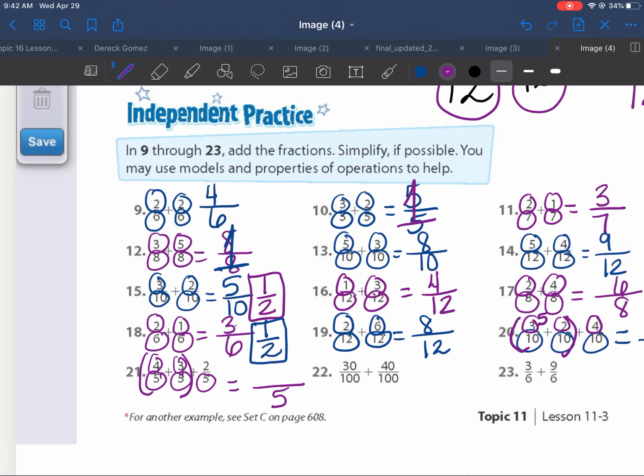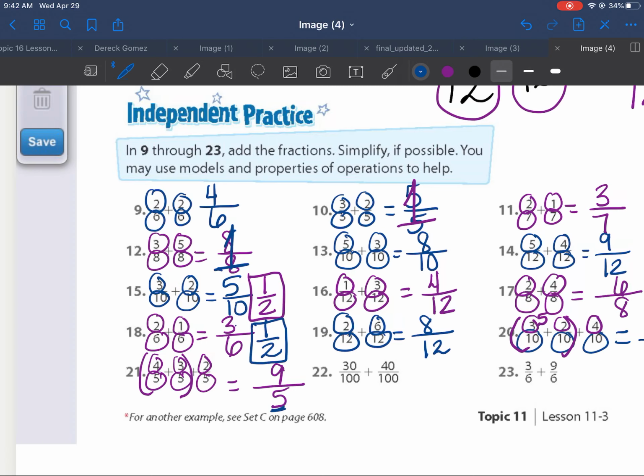Number 21, denominator stays the same. Let's put these two together. 4 plus 3 is 7. Plus 2 is 9. Now notice that we have an improper fraction because my big brother is on top of my little brother.